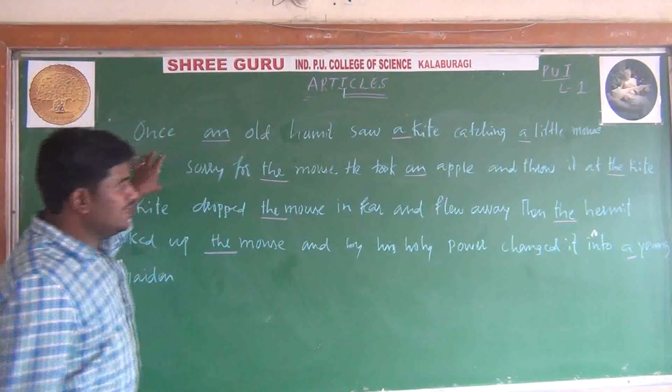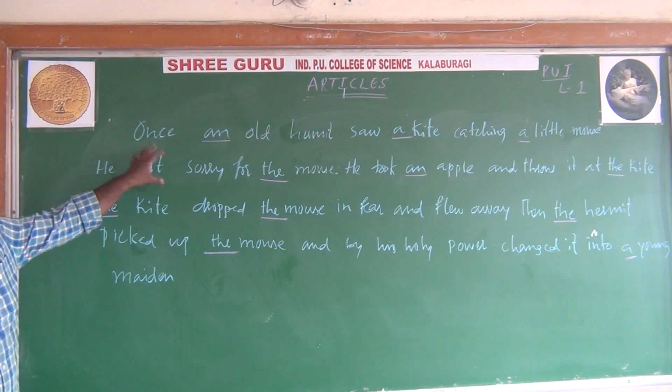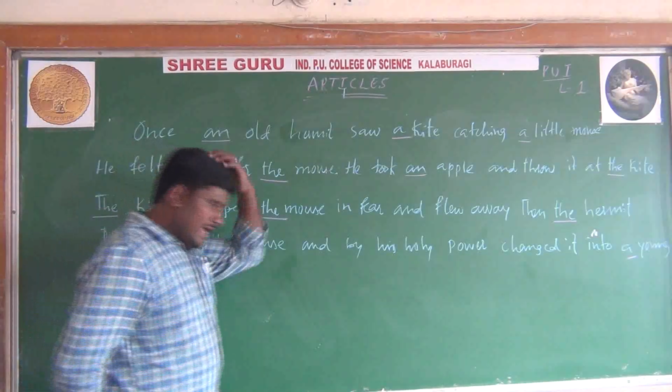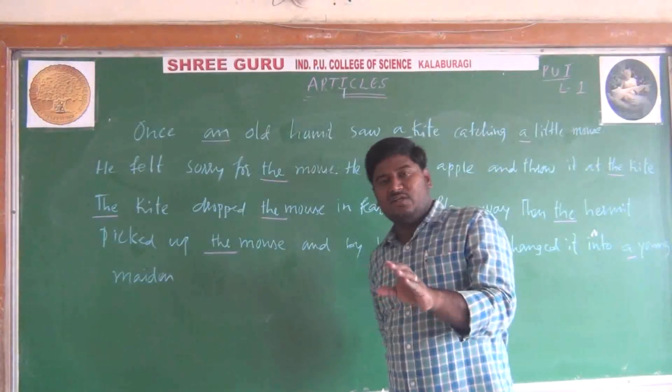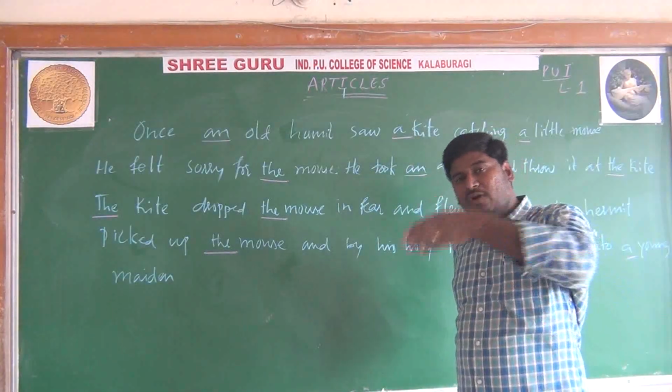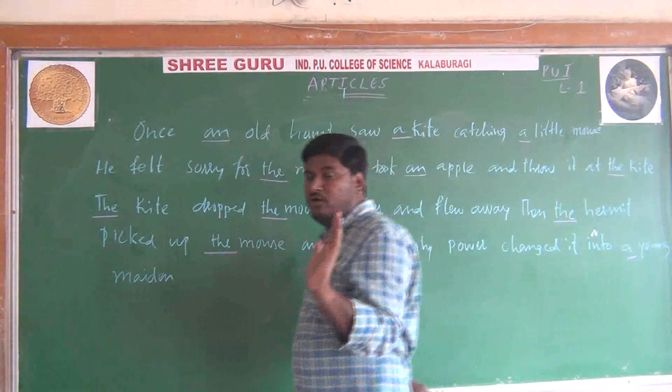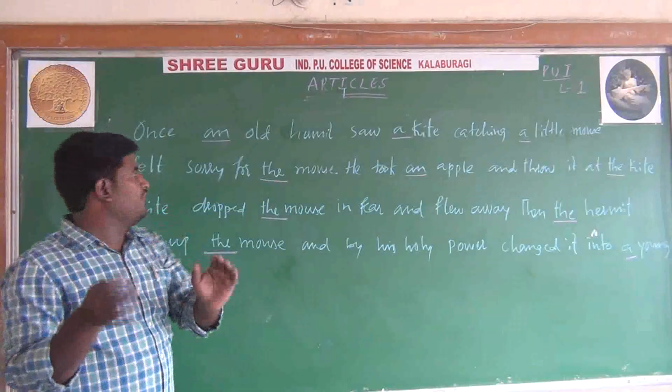These underlined words are all articles. As I said, a and an are indefinite articles. They are used before a noun which is not sure, which is not certain, or which is not definite.